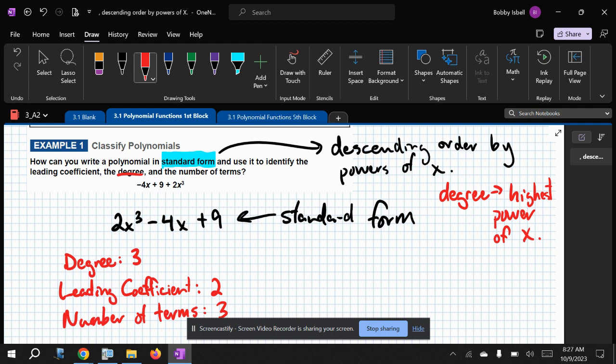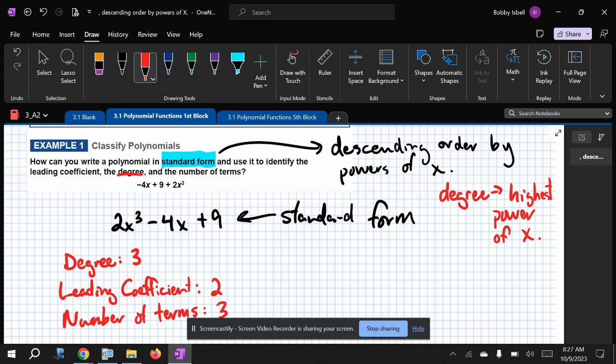Because it has a degree of 3, what do we know about the ends? Are they going the same direction or opposite directions? Opposite directions. Okay? The leading coefficient of a positive 2 makes it act like a positive slope. So the right side would be going up, the left side would be going down.